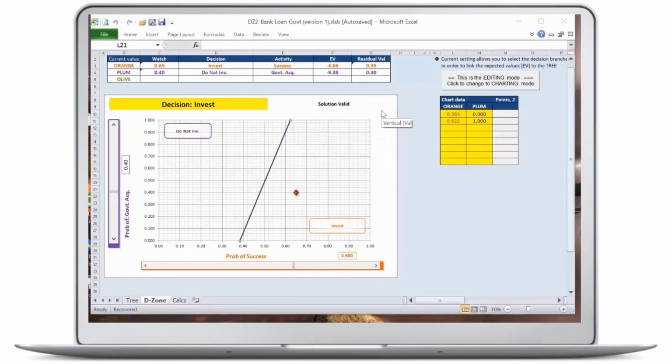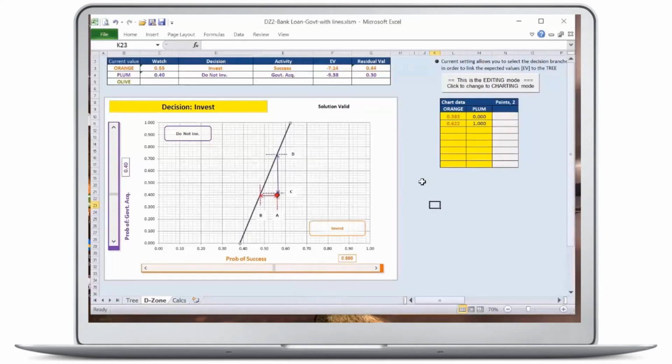This means that this decision to invest is independent of the probability of government acquisition at the original assumption of 65% probability of success of the investment. There is no way that anyone could have arrived at this decision without something like a D-zone map. So please note that the horizontal and vertical distances of the diamond from the demarcation line provides management necessary information to evaluate the sensitivity of our original assumptions.